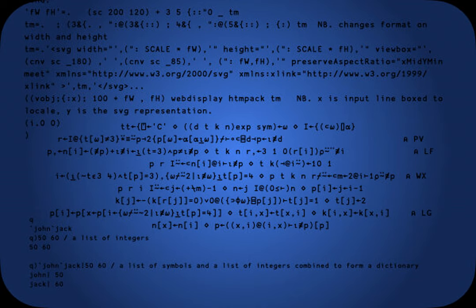Worse than that, if you like, you probably come across the founding insight in Q or K: that functions or arrays of functions, their ranges are the values and their domains are their indices. The same is true of a dictionary.